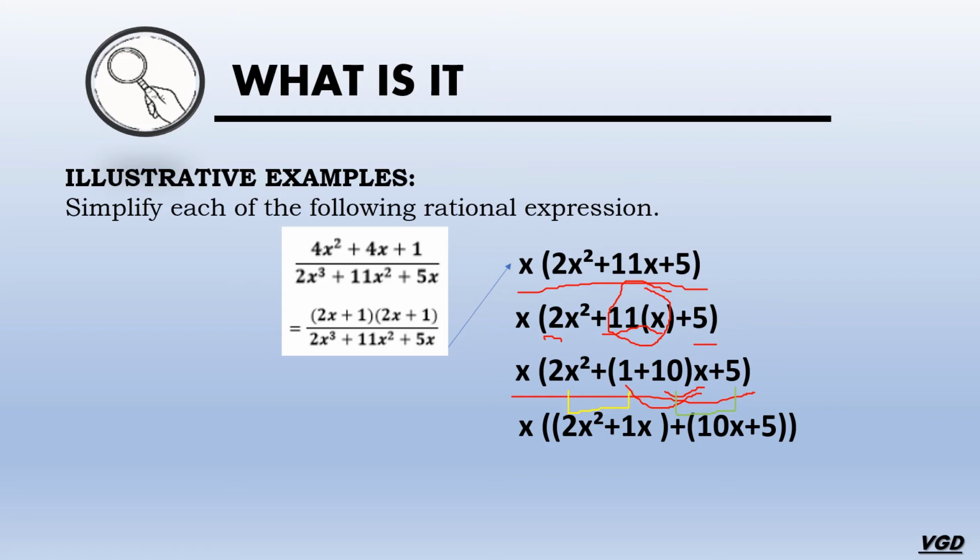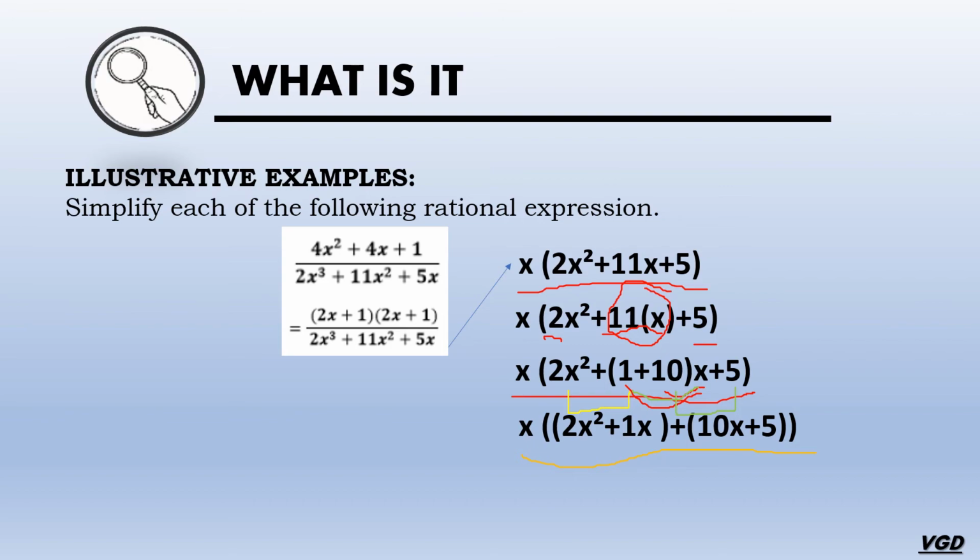We will have the new factors, x times the quantity of 2x squared plus 1x, and then 10x plus 5. So the third term and the fourth term. So this is now our grouping.